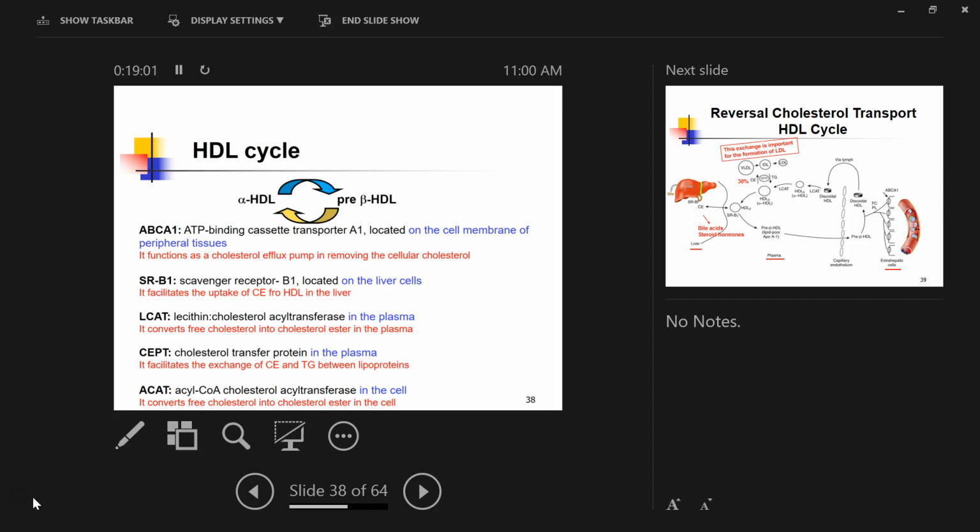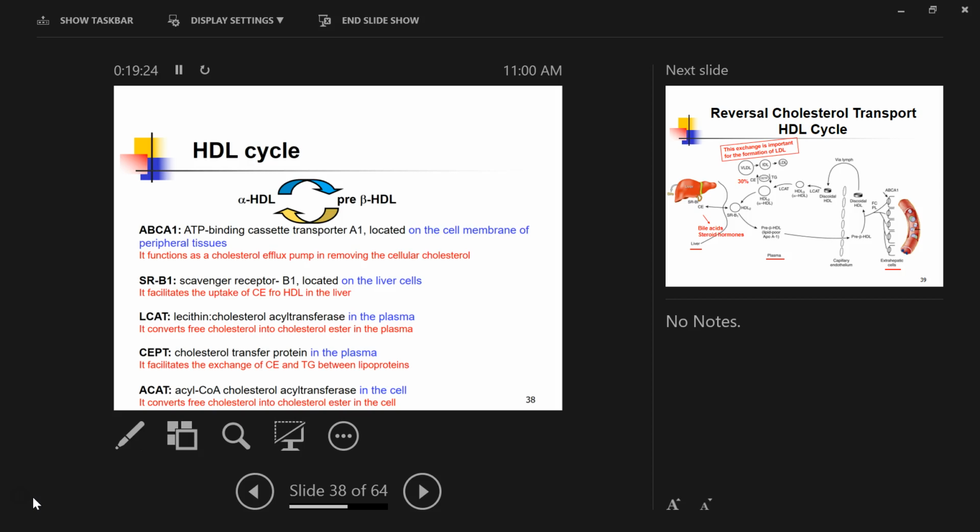Okay. And the second receptor that is also important is SRB1. SRB1 is scavenger receptor B1. It is located on the liver cells, but also other peripheral cells as well.